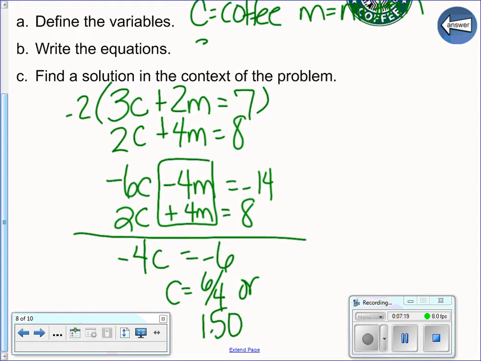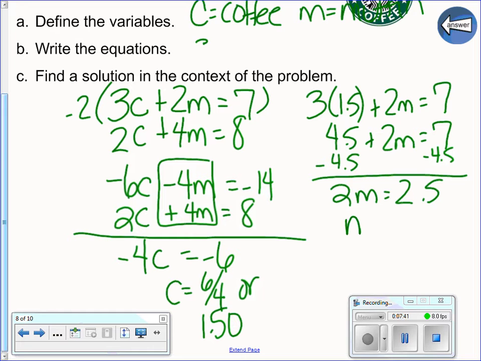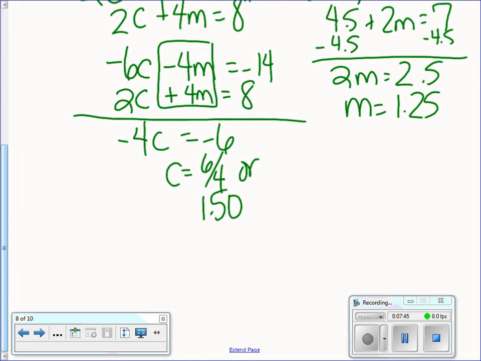We'll substitute into the original equation. 3 times 1.5 plus 2m equals 7. So 4.5 plus 2m equals 7. Subtract 4.5 from both sides. I get 2m equals 2.5. So m is 1.25, since it's money.